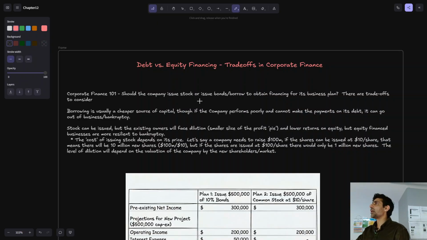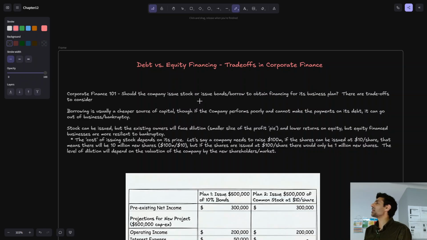When you issue more shares, you're splitting the pie of profit among more people. So if you have a pizza and only four people, you can cut it into fourths and you get a pretty big slice. If you now add four more people, you have to cut it into 8 pieces and you're getting a smaller slice, right?